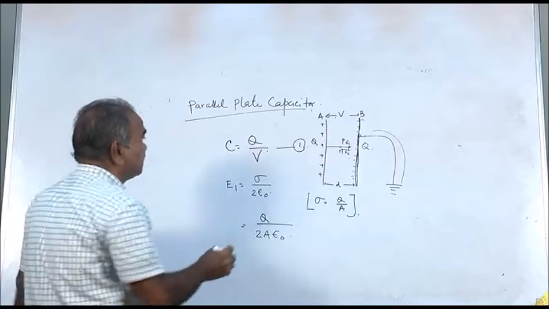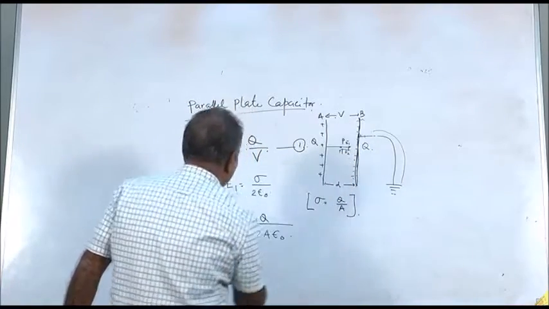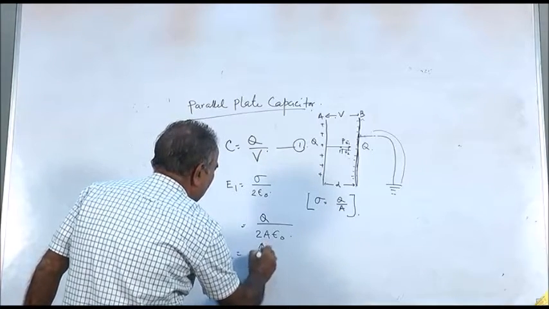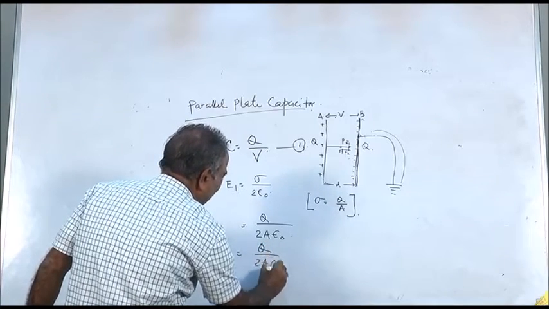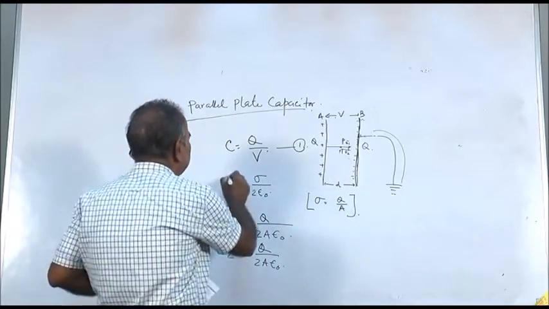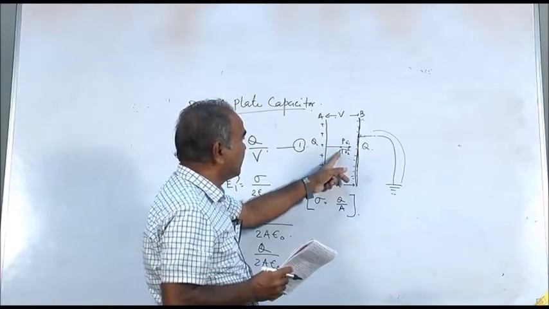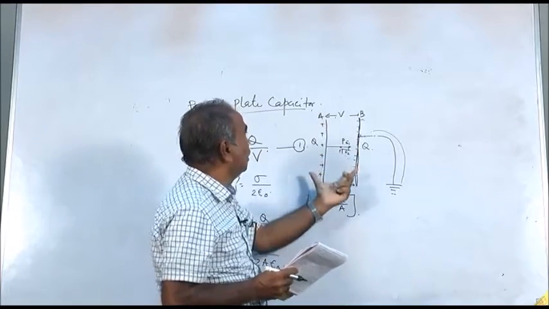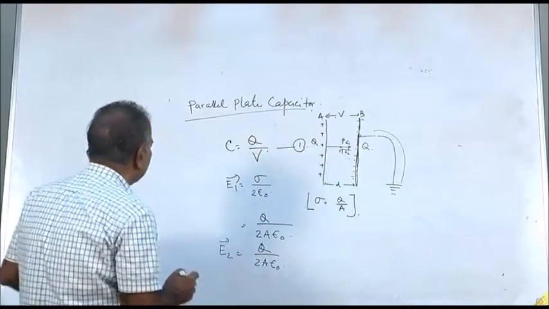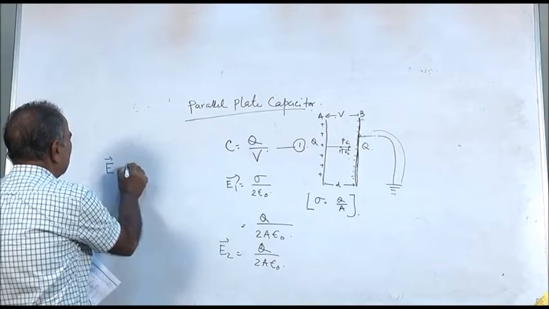Similarly, the electric field developed due to plate B at point P is E2. So E2 is also equal to Q by 2A epsilon 0. And E1 and E2 are acting in the same direction. So the resultant electric field intensity at point P due to the whole parallel plate capacitor is E equal to E1 plus E2.